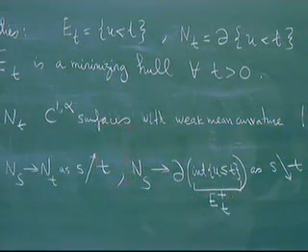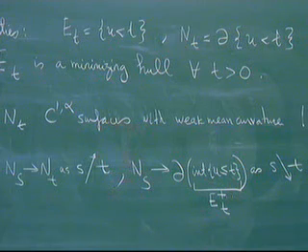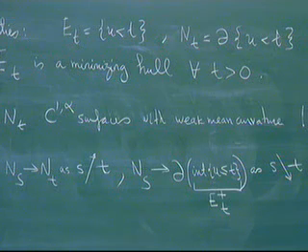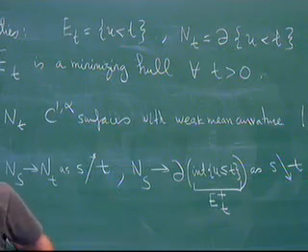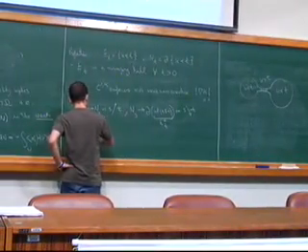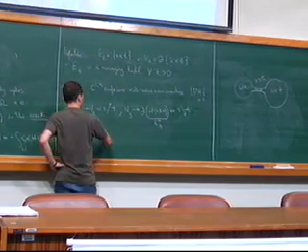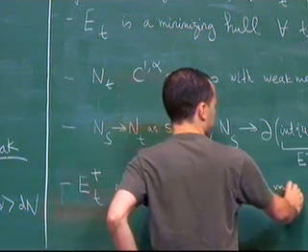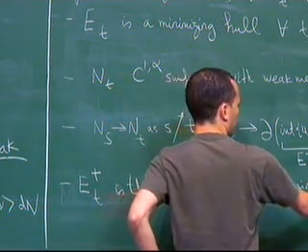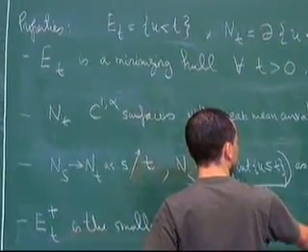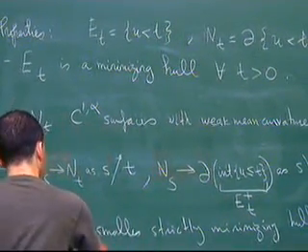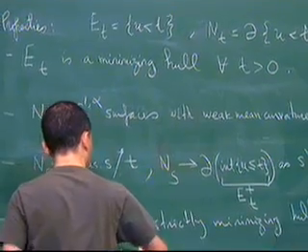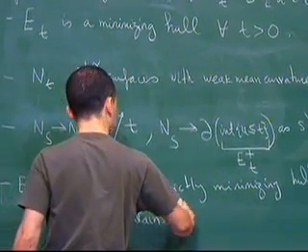Let me call this set E_t plus. So this is the set E_t plus, and you can actually prove that E_t plus has the following property: it is the smallest strictly minimizing hole. It is a strictly minimizing hole, and it is the smallest strictly minimizing hole that contains E_t.